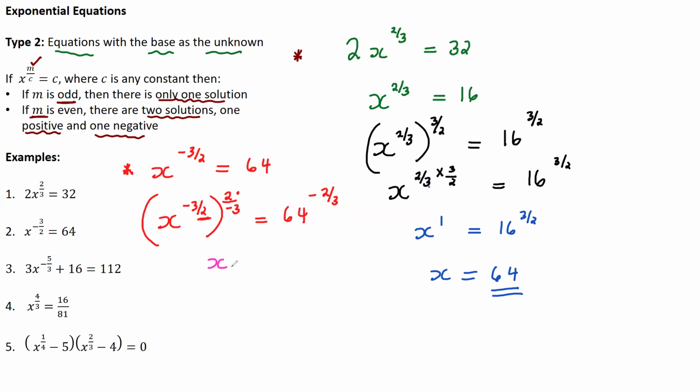So this is like x to the power 1, which is x. Then calculator version. Then we say to the power of negative 2 over 3. But there's something interesting that you guys should see, and I want to show you where it's coming from in the previous question. I'll come to it.